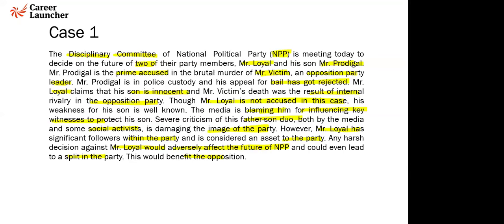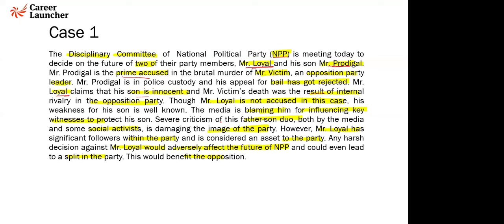The key aspects are that Mr. Loyal and his son, Mr. Prodigal, both are part of the National Political Party. Mr. Prodigal is accused in the murder of an opposition leader, is in police custody and has not received bail. Mr. Loyal says his son is innocent, and that there was some internal rivalry because of which the person was murdered, and obviously not by his son.